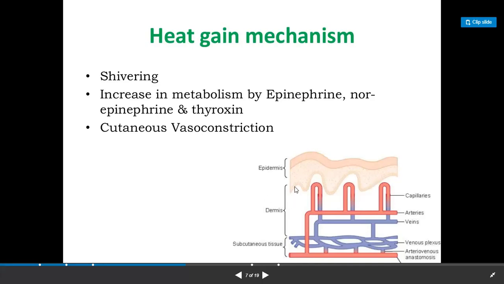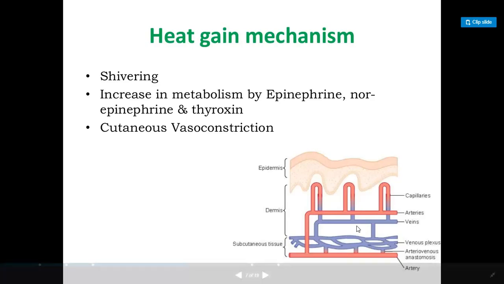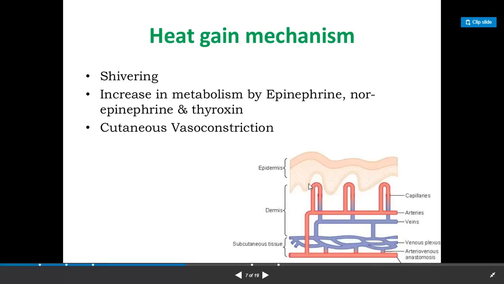So here they are just showing you the epidermis, the dermis, and the subcutaneous tissue. So we said that the blood vessels that are close to the skin will become constricted to prevent blood flow to the surface, because when blood flows to the surface, you will lose heat, but you don't want to lose heat. Do you understand it?